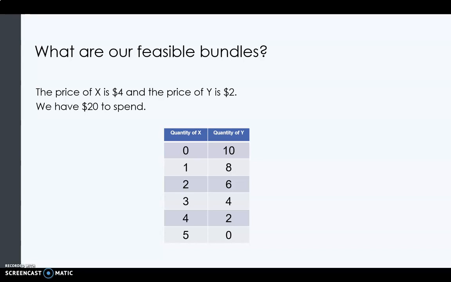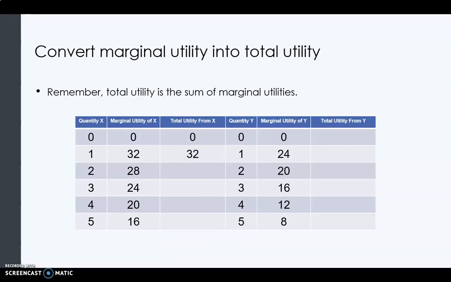Okay, we need to convert our marginal utilities into our total utilities. And remember, don't forget, total utility is the sum of marginal utilities. So we know if we're consuming 1 unit of X, we're going to have 32 marginal utility.